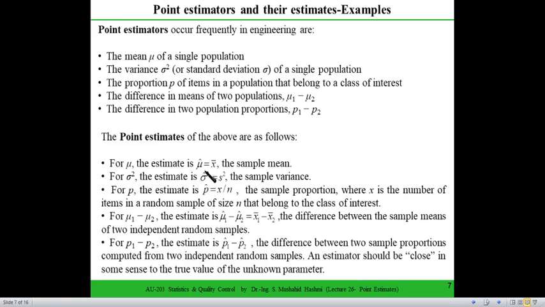Whenever you talk about an estimate, you could use a Greek letter, but you put a cap on it, and that would represent the estimate. An estimate is the value of the estimator. An estimator is some formula which you employ on your sample in order to predict population parameters. These are the corresponding values of the estimators, and they would be called point estimates.